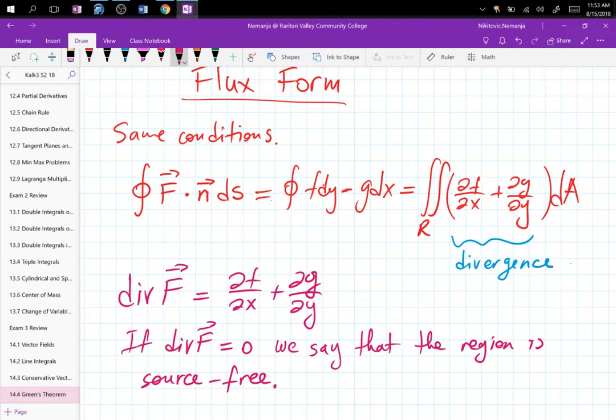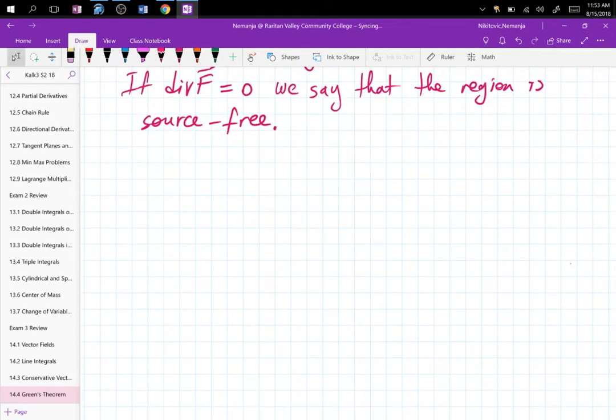So radial field on the unit circle should give us 2 pi, because we know that answer from our 14.2 lecture.